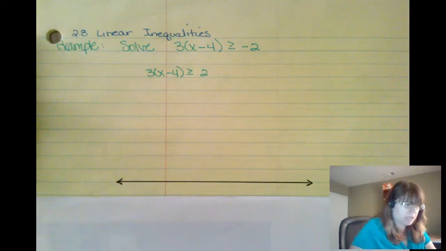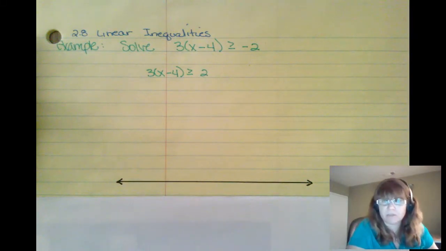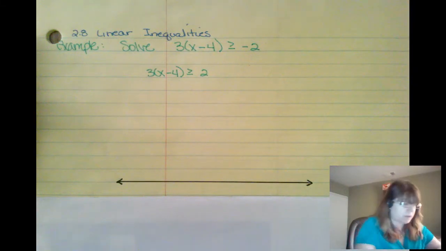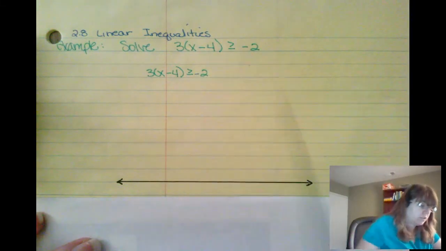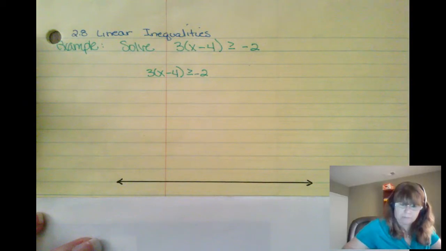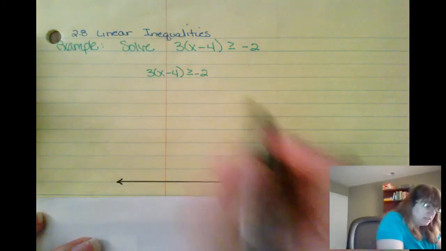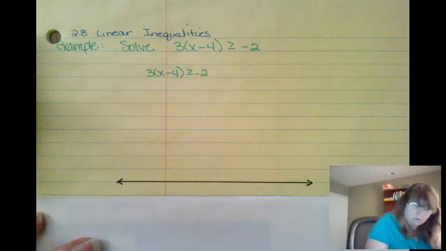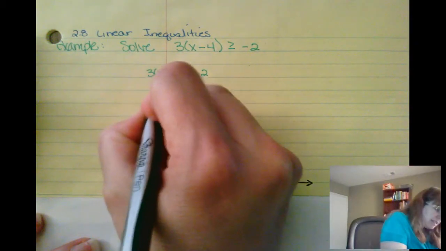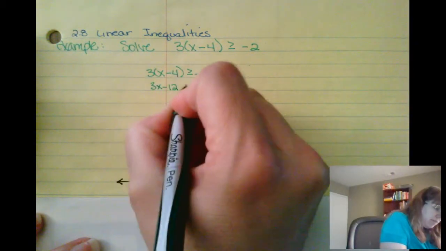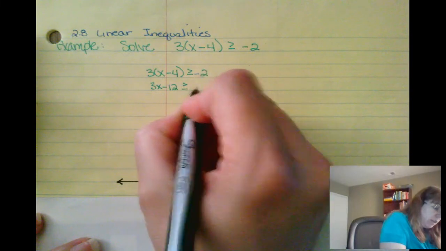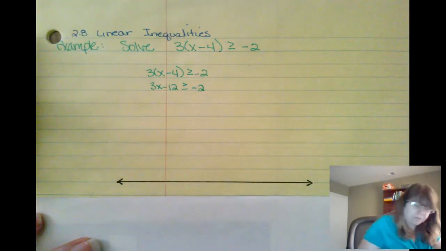Solve 3 times the quantity x minus 4 is greater than or equal to negative 2. So, 3 times the quantity x minus 4, I'm going to distribute: 3x minus 12 is greater than or equal to negative 2.